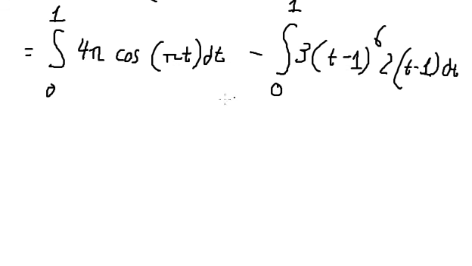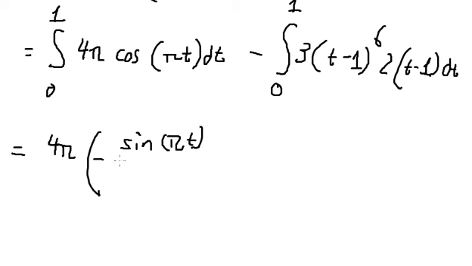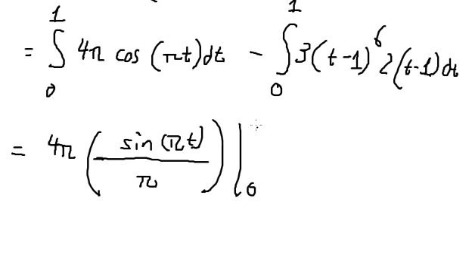And now we can calculate this one. The integral of cosine bt is sine bt over b, with the bounds from 0 to 1.